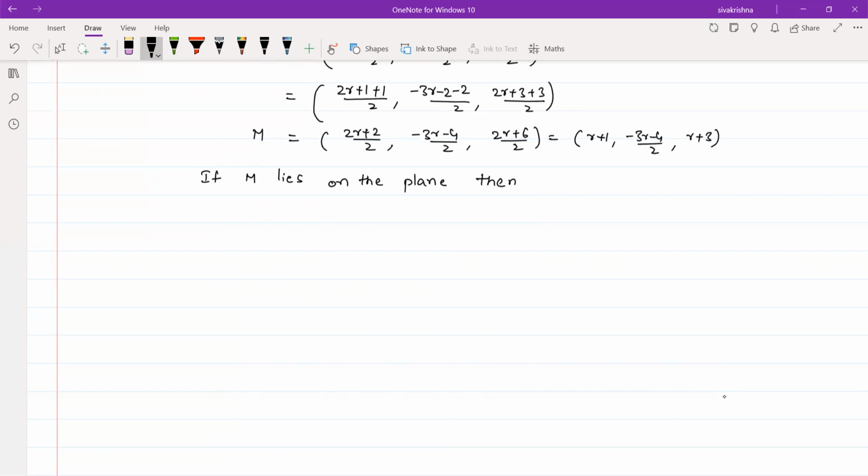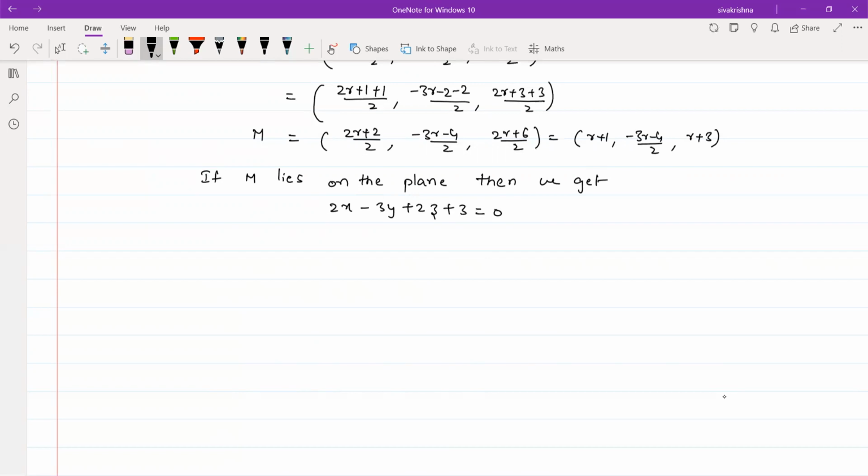So then we have the plane equation 2x minus 3y plus 2z plus 3 is equal to 0.